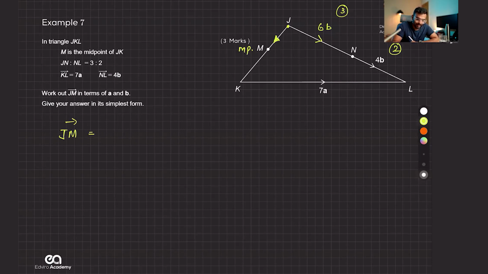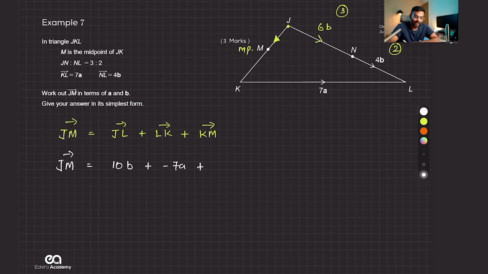JM equals JL plus LK plus KM. Okay? And JM equals 10B plus LK is going to be minus 7A plus KM is going to be what?